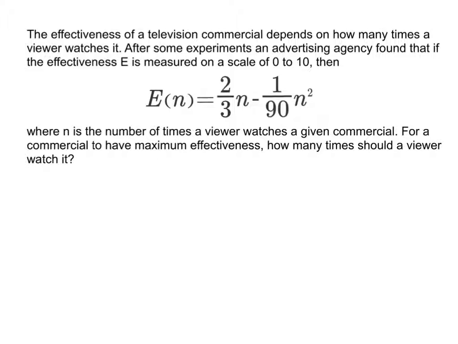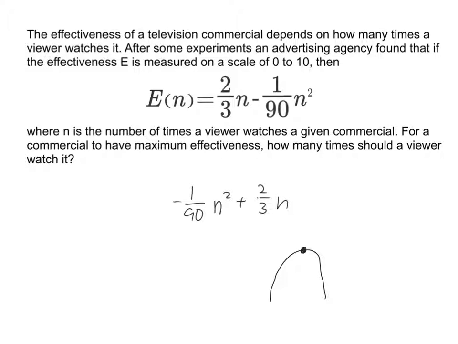So if you look at this, this is a quadratic equation. And if I write it in standard form, you're going to end up getting −1/90 n² + 2/3 n. Now, because there is a negative in the front, we know that the parabola is going to look something like this, which means we're going to have a maximum value here.